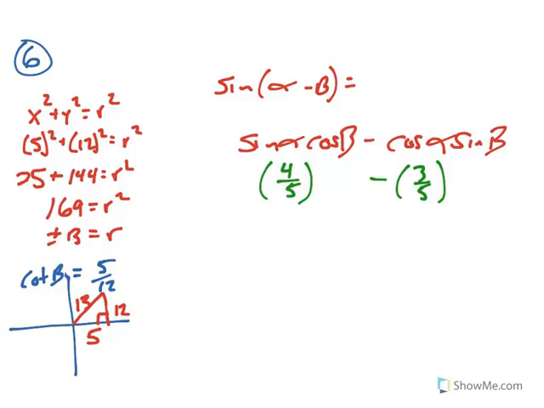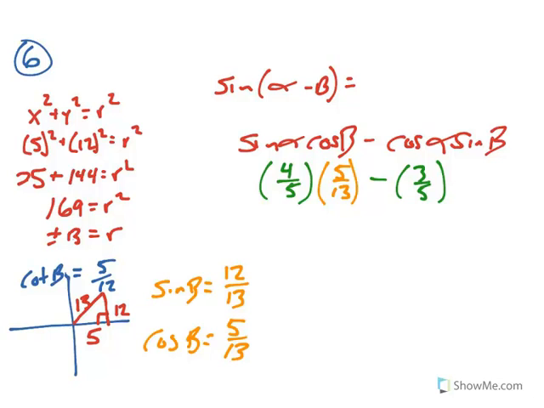Hence, sine of beta is y, which is 12, over r, which is 13. Cosine of beta is x over r, which is 5 over 13. So we can replace in this equation cosine of beta with 5/13 and sine of beta with 12/13.